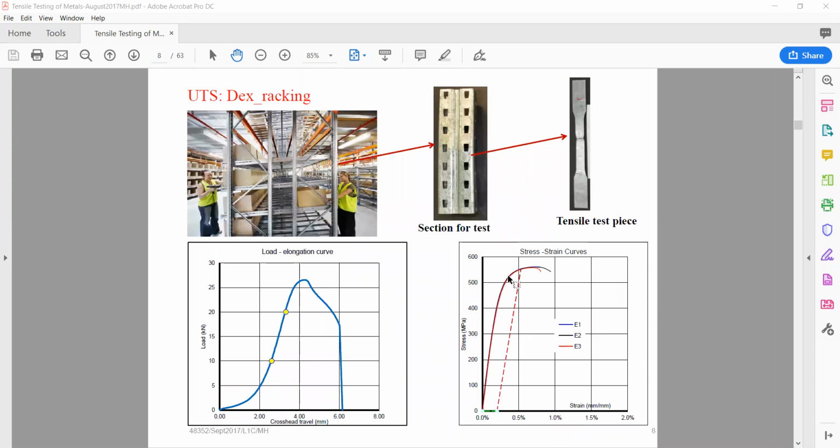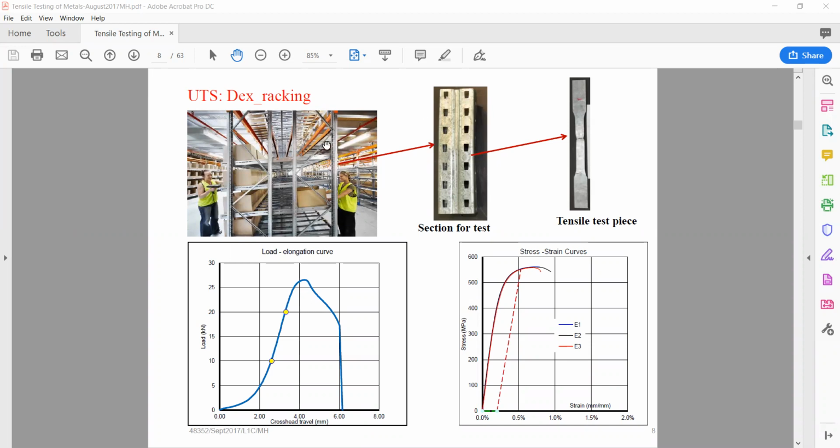As an example, this is a typical test that was conducted at ETS many times before. These are steel racks, similar to the steel racks you see in Bunnings and other warehouses. This was a project done by ETS for an industry. If you see these steel racks, this is one of the parts of the steel rack.